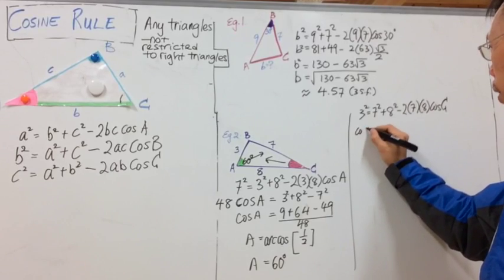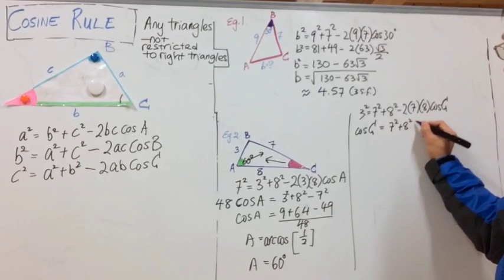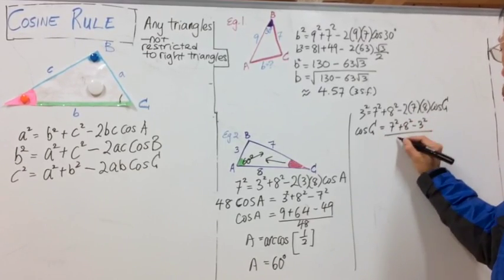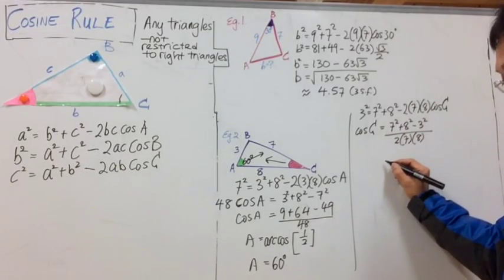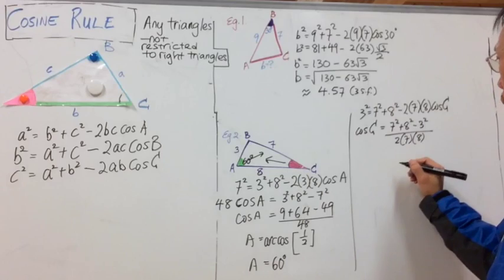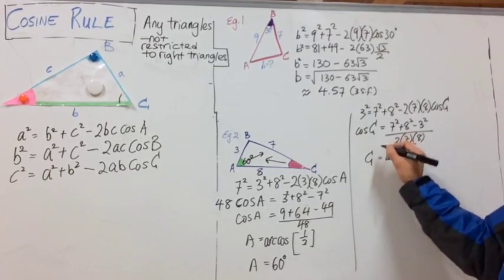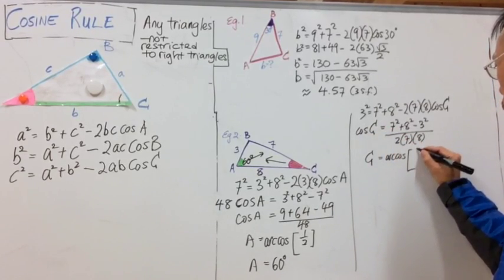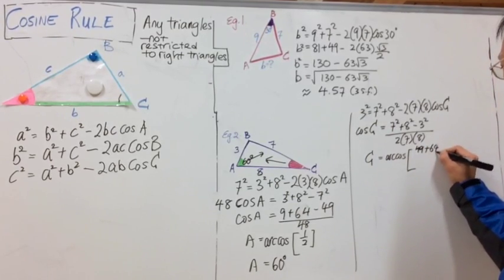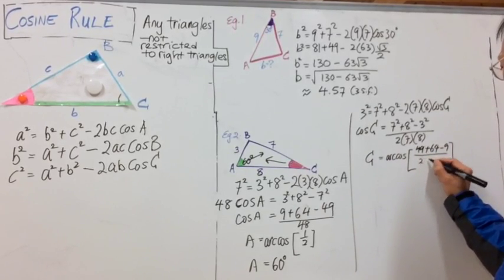Therefore cosine of capital C is equal to 7 square plus 8 square minus 3 square over 2 times 7 times 8. And if you do this calculation, C will be arc cosine, that is inversing this operation cosine, of 49 plus 64 minus 9 over 2 times 56.